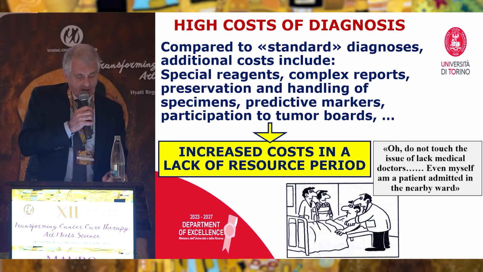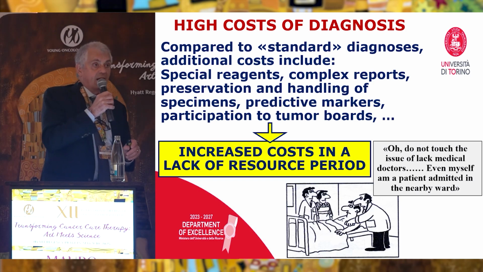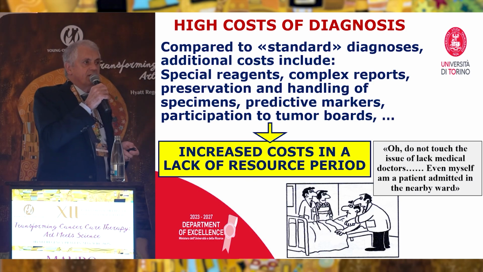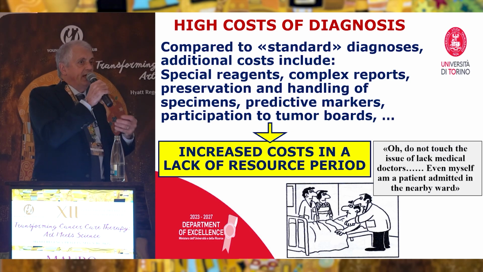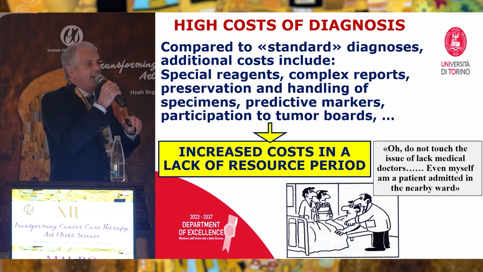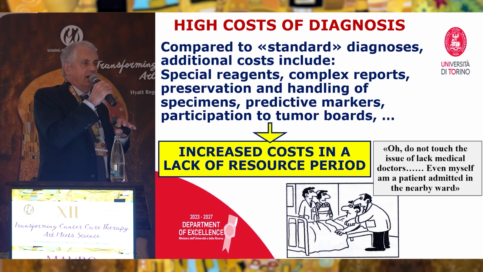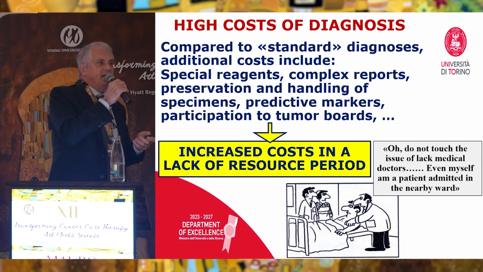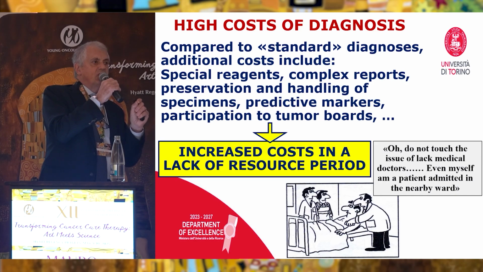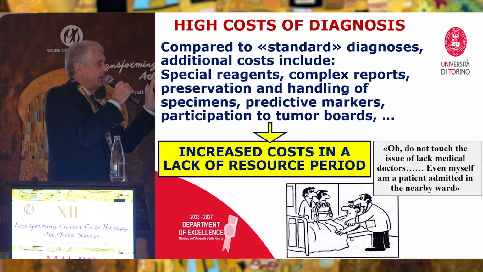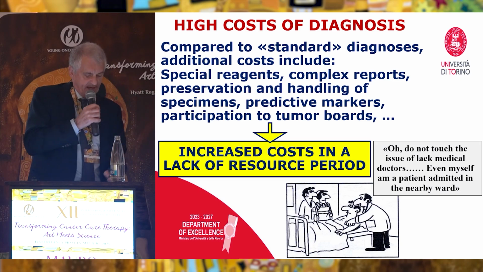I have additional information regarding the cost of diagnosis, but this can be discussed with some of you in case of interest. Our administrators, usually, at least in Italy, because of the crisis, do not want to buy any new equipment, never update. We took the liberty of calculating how much was the cost of a diagnosis of lung cancer, starting from the biopsy until the resection specimen.